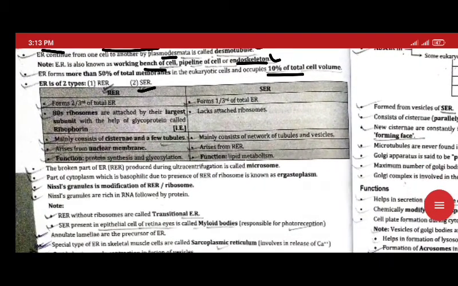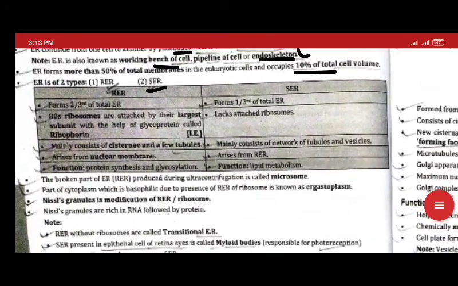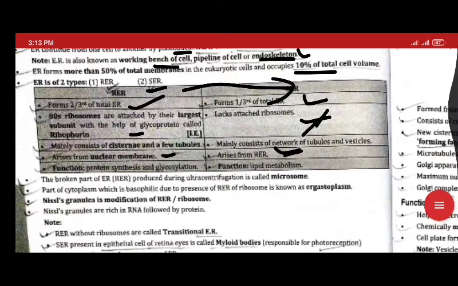It contains 10% of the total volume of the cell. Now it contains two types, RER and SER: rough endoplasmic reticulum and smooth endoplasmic reticulum. RER is 2/3 and SER is 1/3. Here 80S ribosomes are found, and here no ribosome is found. RER is attached to the nuclear membrane, and SER arises from RER.